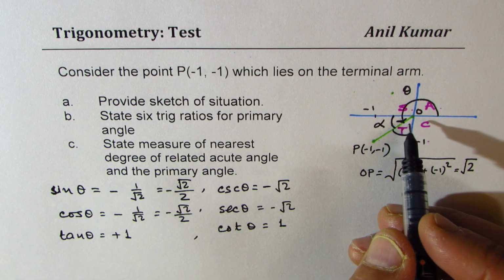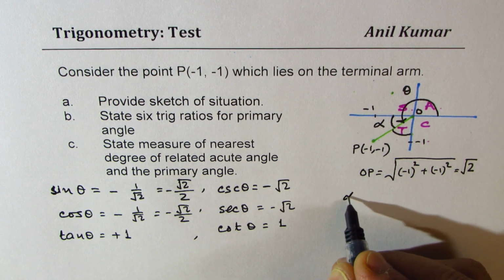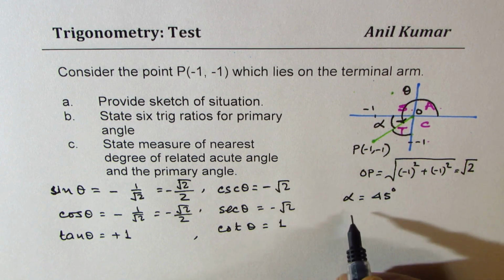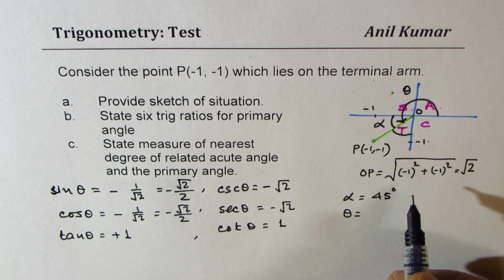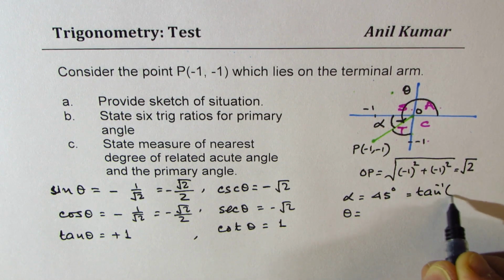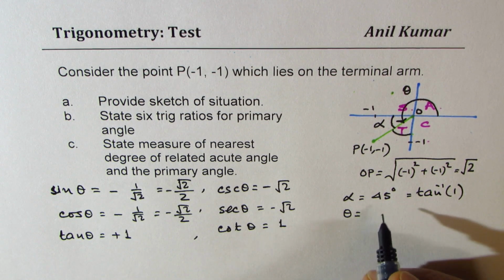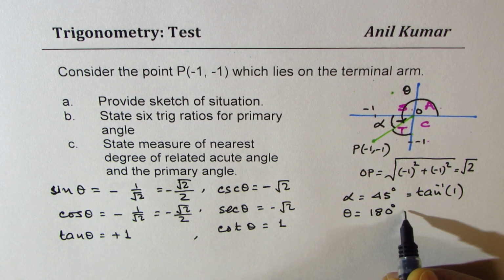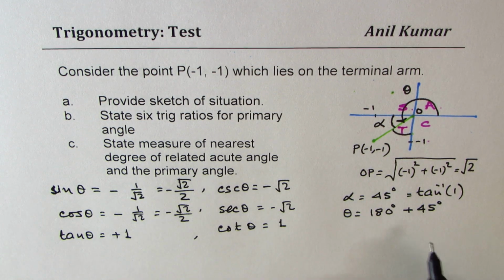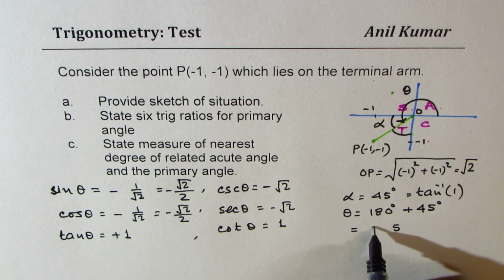To find the angle, we know alpha is actually 45 degrees, which is tan inverse of 1, correct? And theta is going to be 180 degrees plus 45 degrees, since we are in quadrant 3, so this angle is 225 degrees.